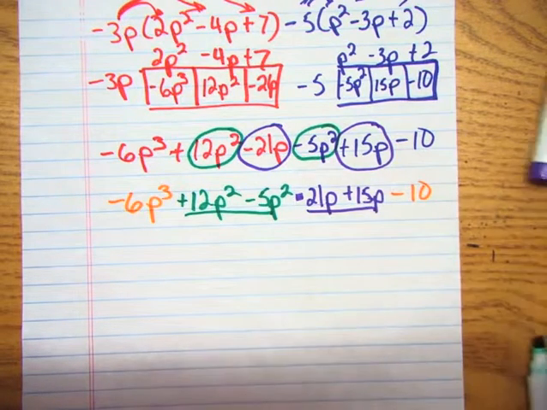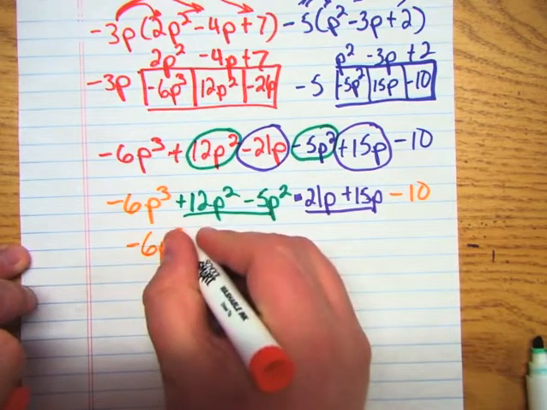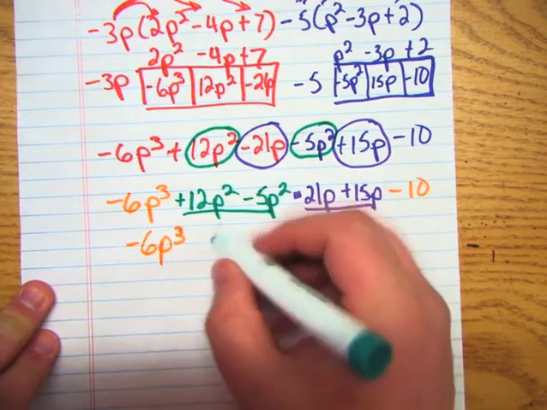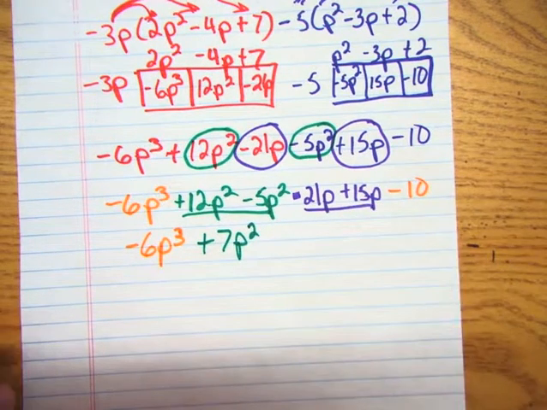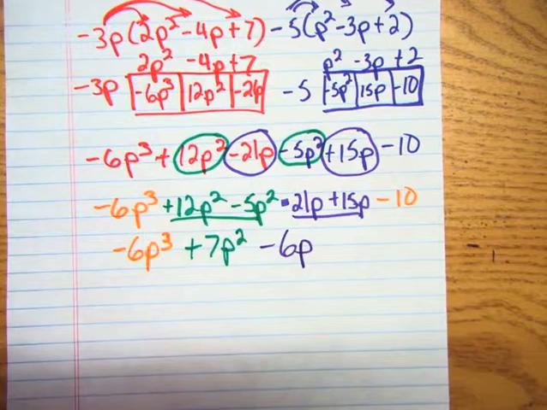So now I've got negative 6p cubed. What's 12 minus 5? Positive 7p squared, right? And then what is negative 21 plus 15? Negative 6p. And then minus 10 tacked on the end, all right?